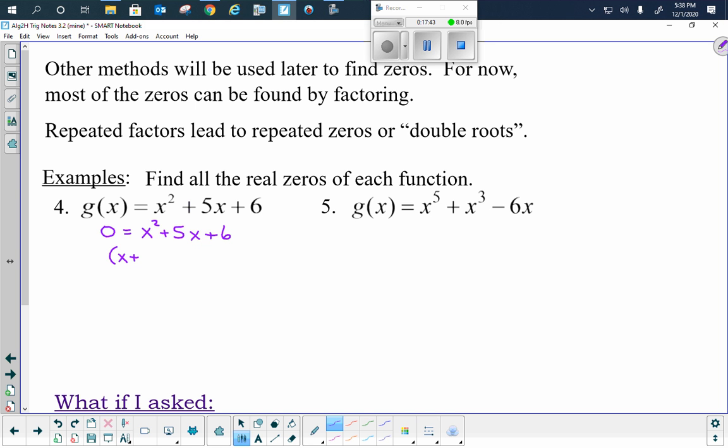So that does factor into x plus 2 and x plus 3 equals 0. And therefore, x would equal -3 or -2. Okay. 5, if we're going to factor that one, try it yourself. Hopefully you're taking out the GCF first.